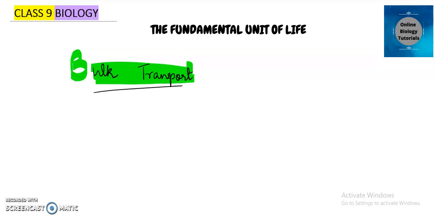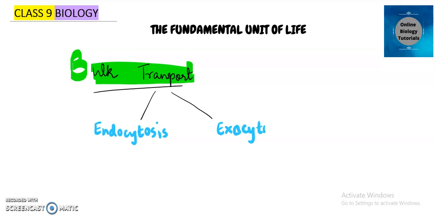What is bulk transport? Whenever we talk about the transport of substances in a larger amount, we call it a bulk transport. Okay, bulk means huge amount. So the plasma membrane does that. And there are two processes involved in this. One is known as endocytosis and another is known as exocytosis.